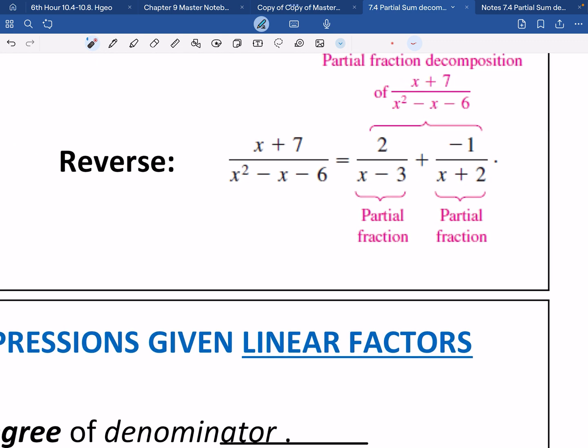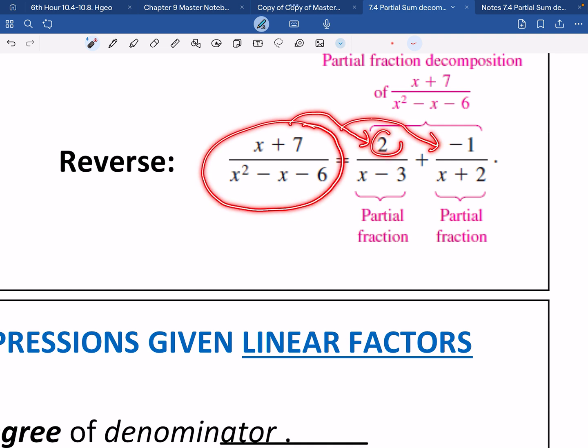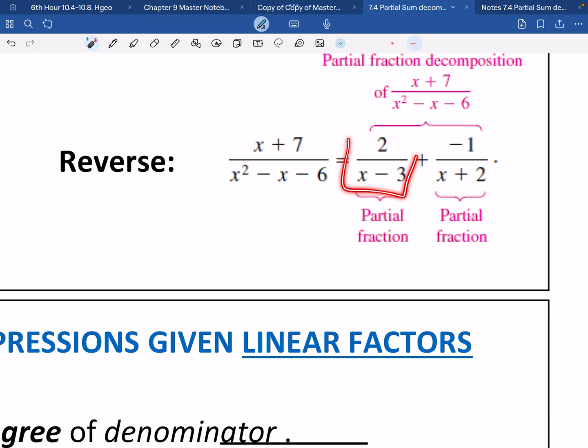Here's another example. At the end of the day, our goal is to take something like this and derive, at the very end, what the two constants over here are. Keep in mind, we're working with factors. If you were to factor this out over here, it would factor into x minus 3 and x plus 2, and those give you the two partial fractions that you started out with.